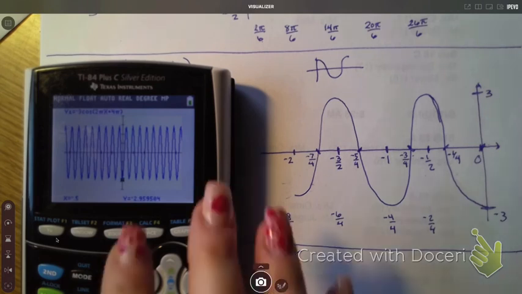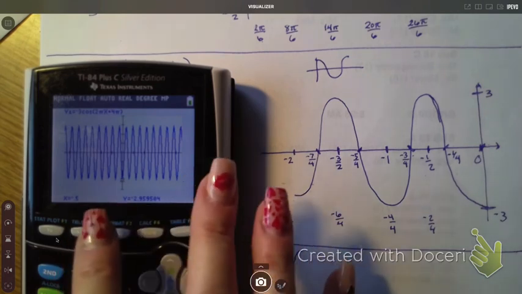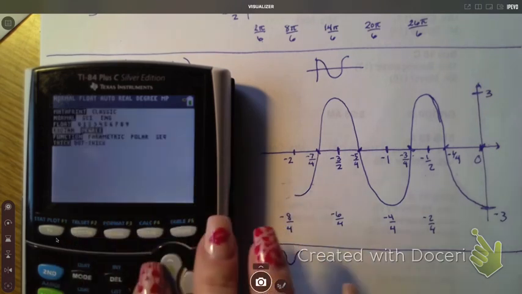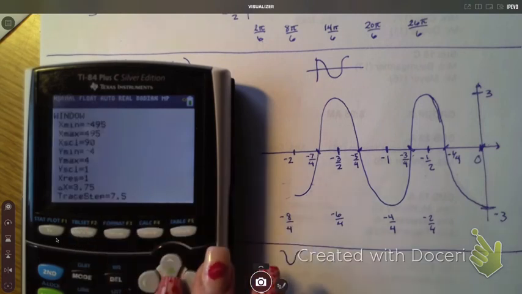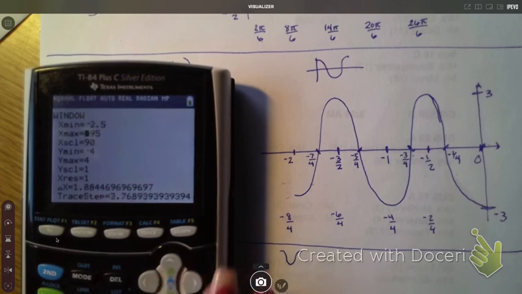So we should be able to adjust the window, and I don't know. I wonder if I change my mode to radians, if I can. I don't want to mess with it too much because it's just a waste of time right now.